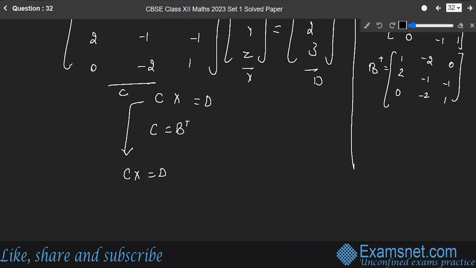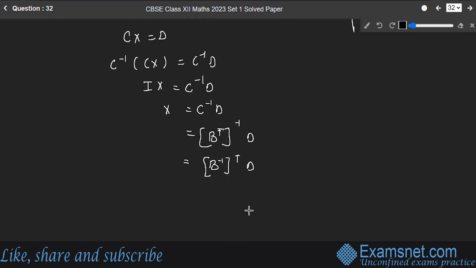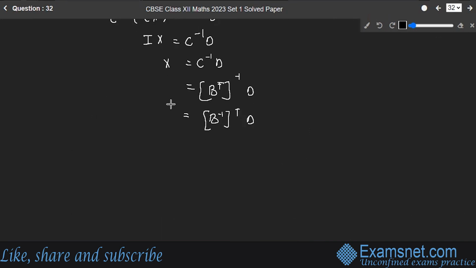Cx is equal to D. So let's multiply both the sides by C inverse. This becomes identity matrix into X is equal to C inverse D, or X is equal to C inverse D. C inverse can be written as B's transpose inverse D. That is B inverse transpose into D. And B inverse was equal to A. So I will write this as A transpose D. So this is equal to your X. So X is equal to what was A's transpose?